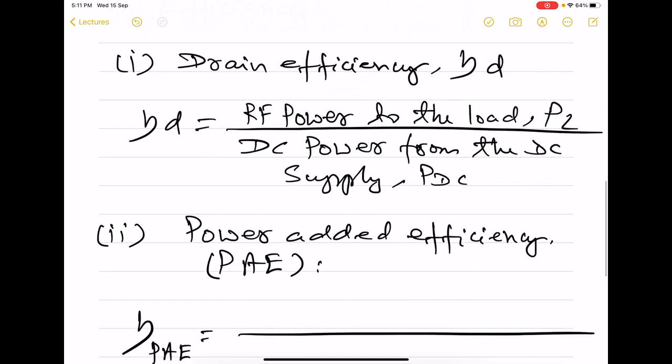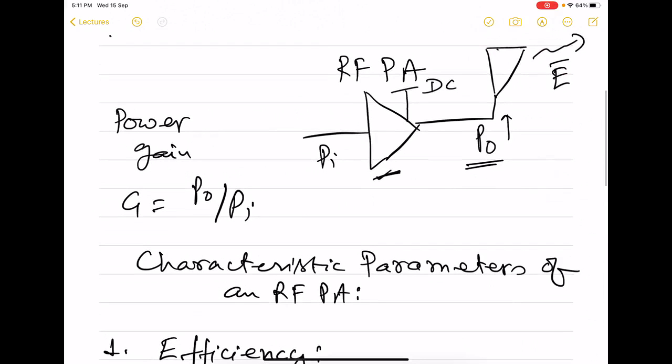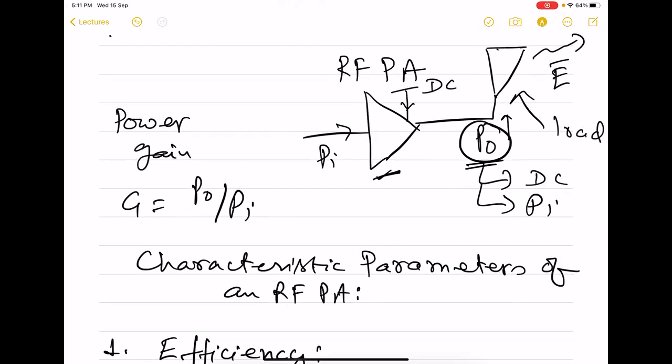So here, in the previous efficiency definition, we included RF power to the load in the numerator. But here you note that whatever power is delivered to this load, which is going to be an antenna, this power comes from two different sources. One is this input power itself, and second is power drawn from the DC supply. So whatever we see here, it has two components, from DC and from the input power.